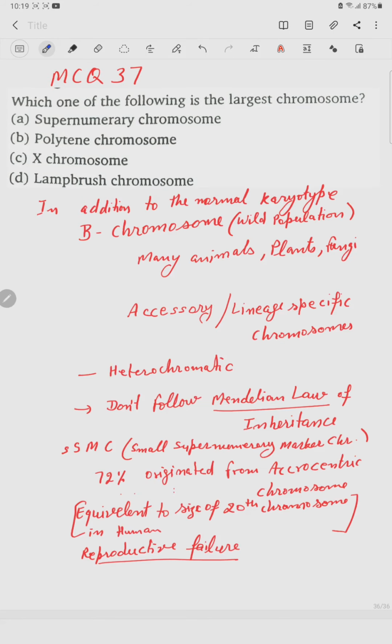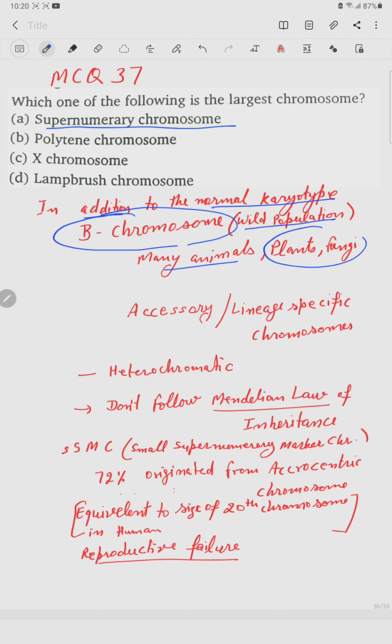Let's discuss. First of all, we take supernumerary chromosome. In addition to normal karyotype, that is also known as B chromosome, it is extra chromosomal components present in living beings, in case of mostly wild population of many animals and plants and fungi.